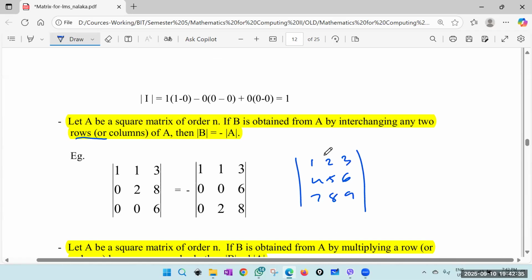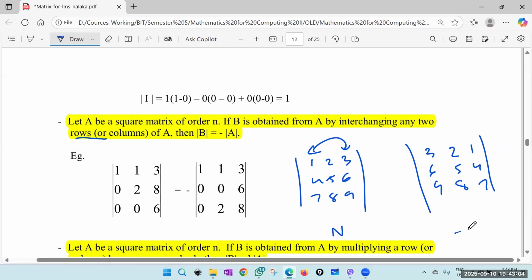And if you have another matrix which is obtained by just interchanging two rows or two columns, any two rows, any two columns. Let's assume I interchange these two columns. So then I get 3, 6, 9, 2, 5, 8, 1, 4, 7. Say I want to find the determinant of this one. And you will find that if this one's determinant is, say, n, this one's determinant is minus n.